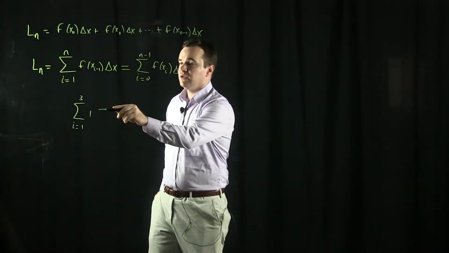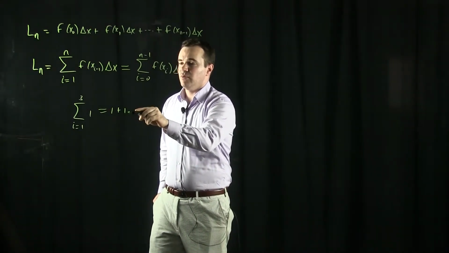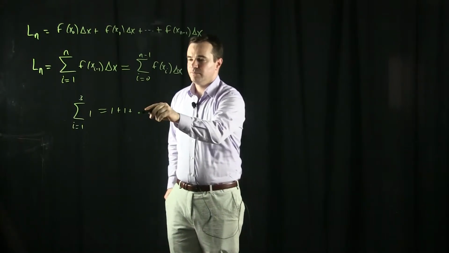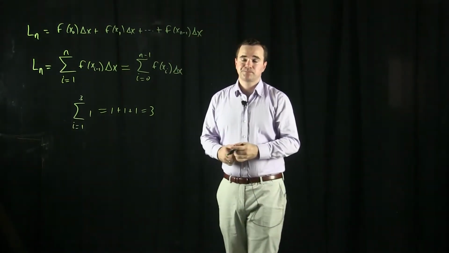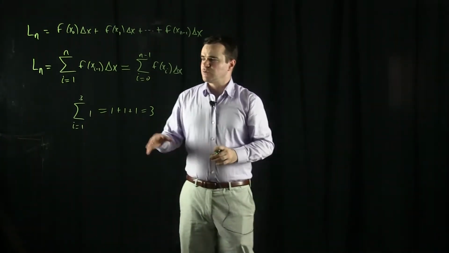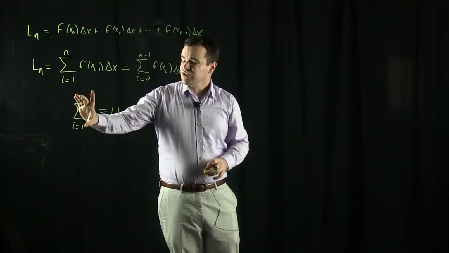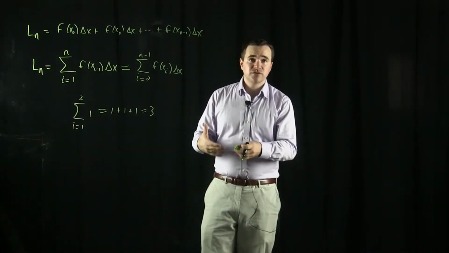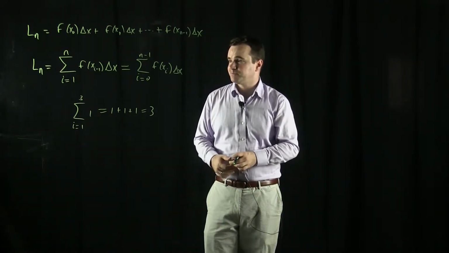So you get 1 plus 1 plus 1, which is just a silly way of writing the number 3. This reminds us that the range of i tells us how many terms we have, in this case 3.